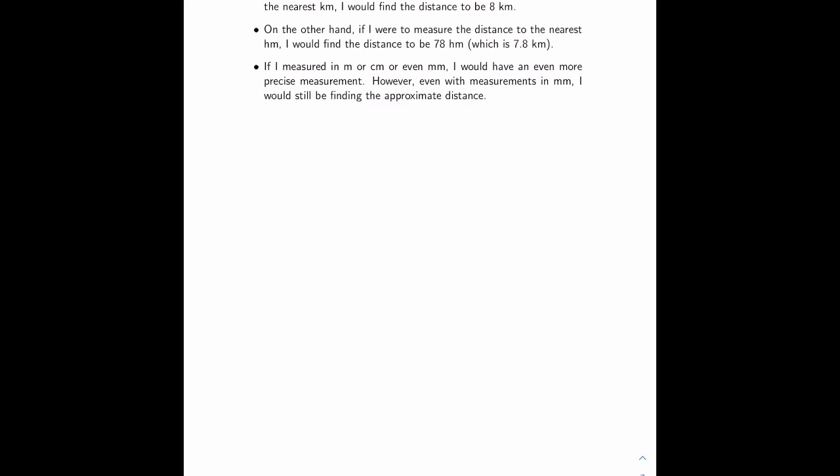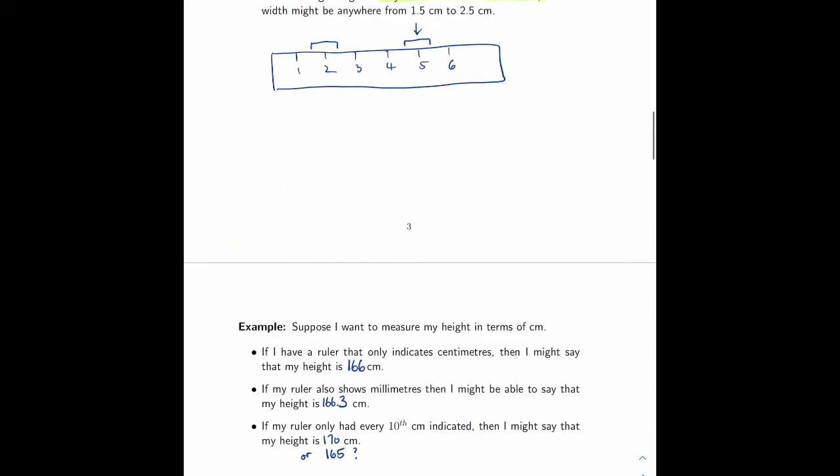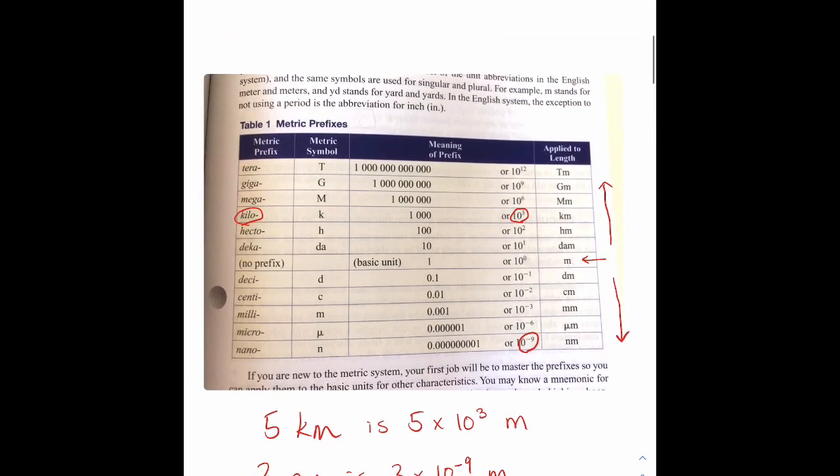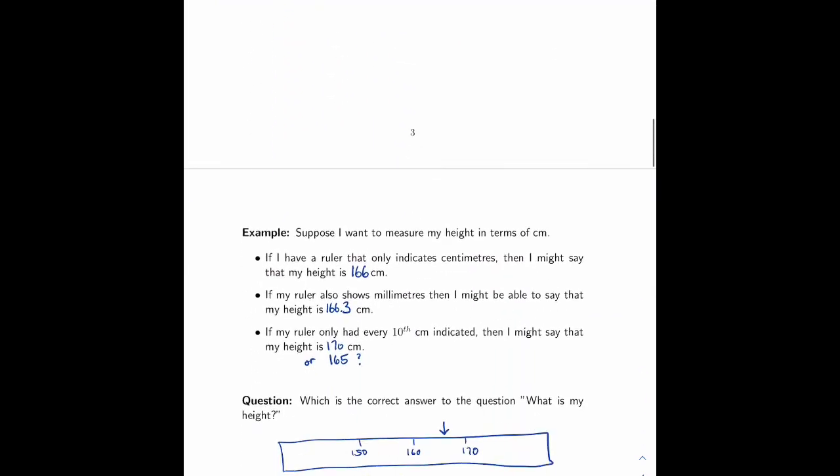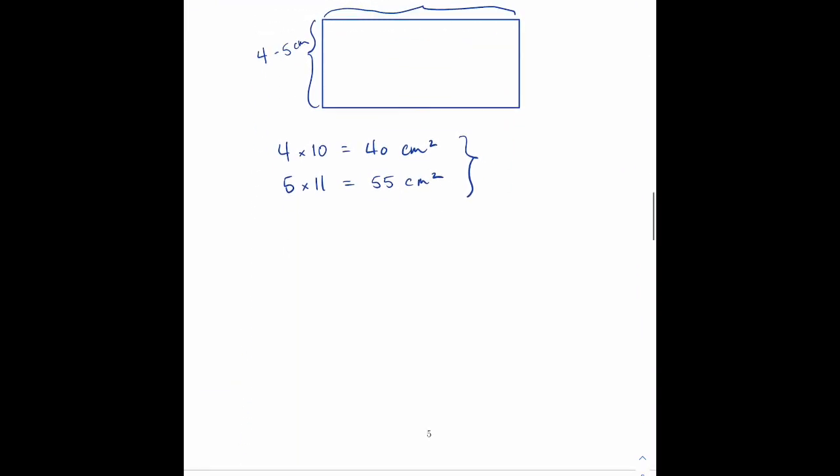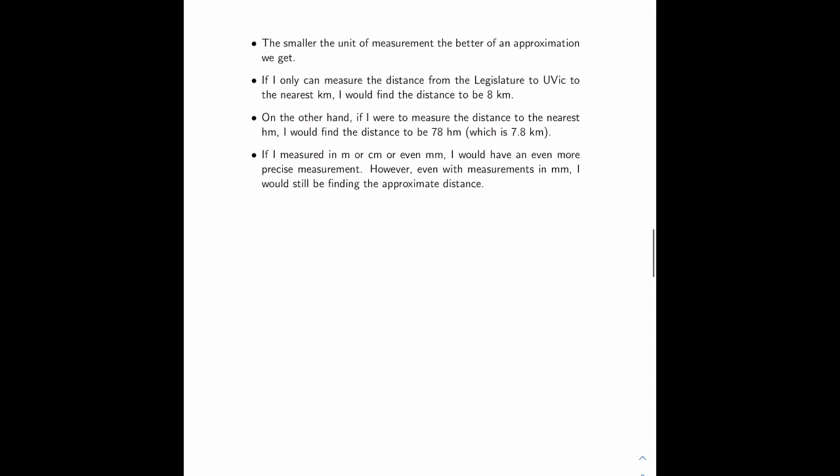But going back to the metric table, if I measure it in hectometers, which are only a tenth as large as kilometers, because they're 10 to the 2 meters instead of 10 to the 3, then I might find it to be 78 hectometers, which is 7.8 kilometers.